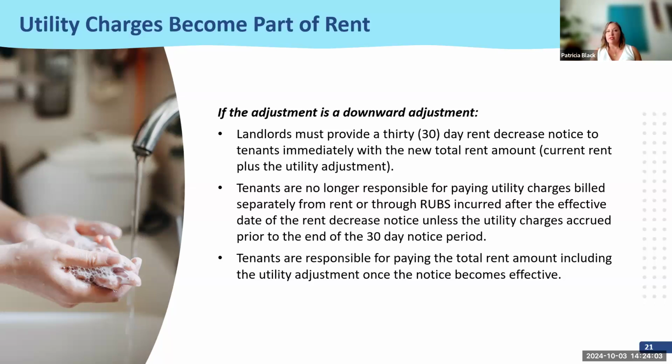Tenants are no longer responsible for paying utility charges billed separately from rent or through RUBS incurred after the effective date of the rent decrease notice, unless the utility charges accrued prior to the end of the 30-day notice period.